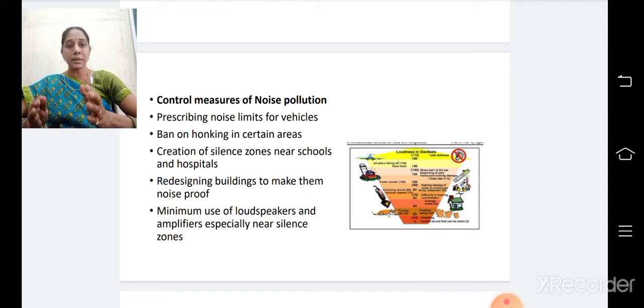They must be banned in those areas, because in hospitals there may be heart patients. They cannot tolerate that much heavy sound. Minimum use of loudspeakers and amplifiers, especially near silent zones. So all these are different control measures of noise pollution.